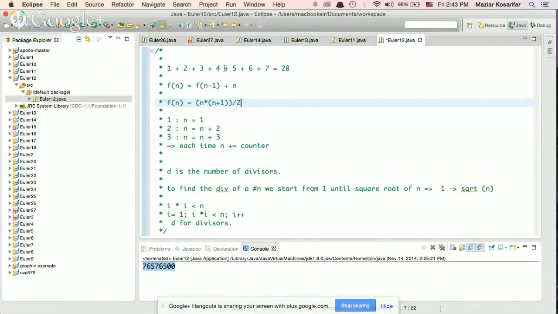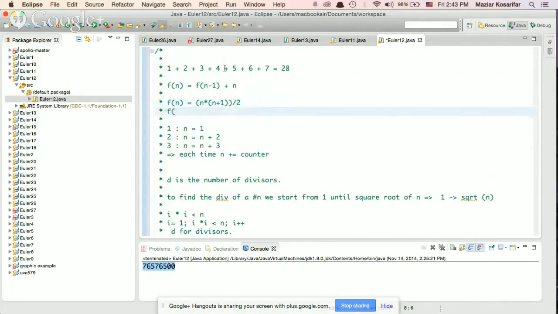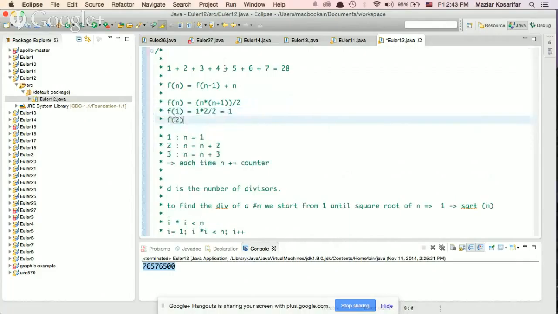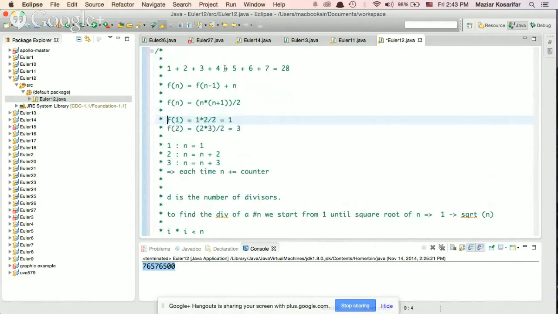For the first one, f of 1 would be 1 times 2 over 2, which is 1. F of 2, with this direct equation, would be 2 times 3 over 2, which is 3. So there are 2 different ways. One straight way to find that sequence, and one recursive way.